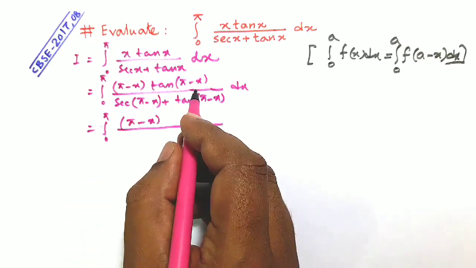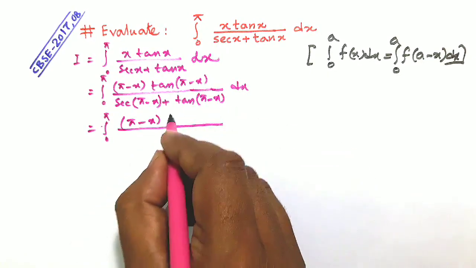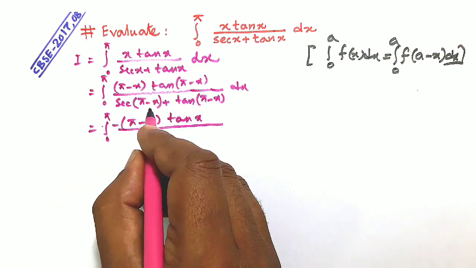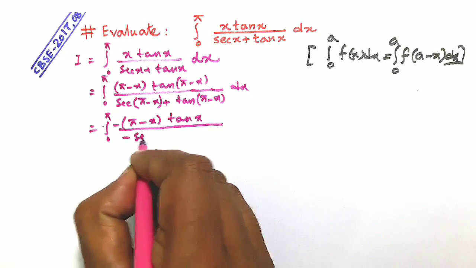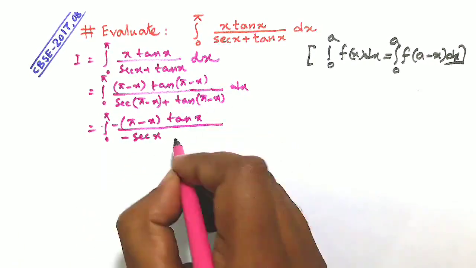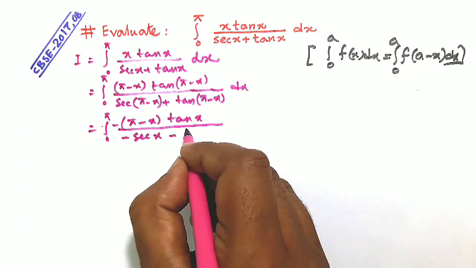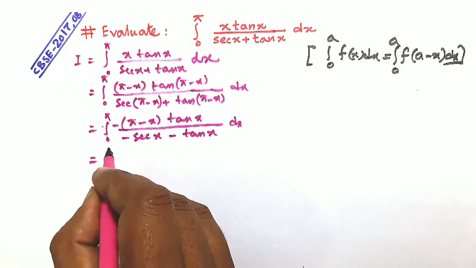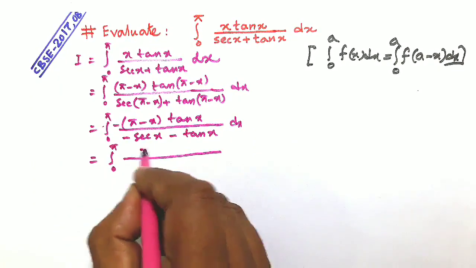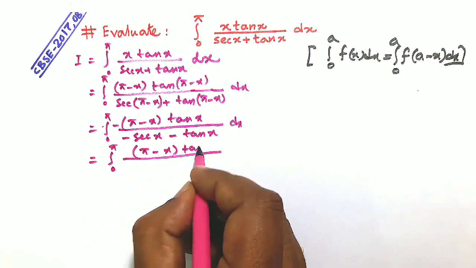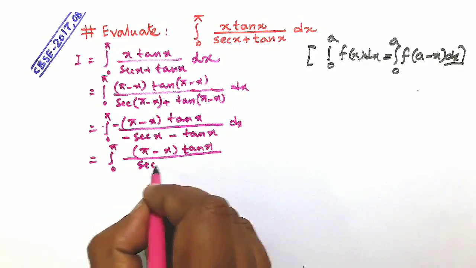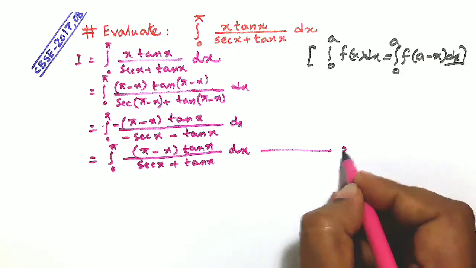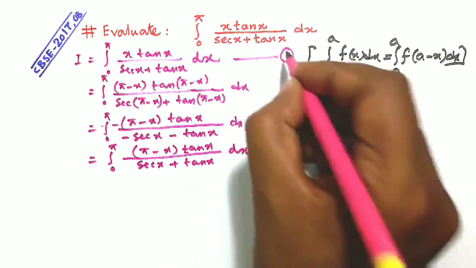Tan of (pi minus x) is equal to minus tan x, and sec of (pi minus x) is equal to minus sec x, and tan of (pi minus x) is minus of tan x dx. So friends, we are getting integration 0 to pi (pi minus x) whole into tan x divided by sec x plus tan x dx. We mark it 2 and the first one is 1.